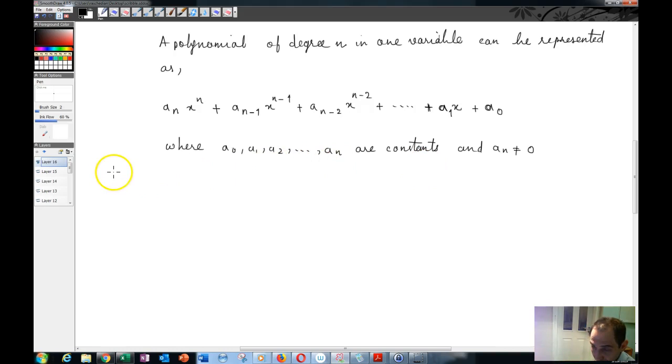In particular, if a_0 = a_1 = a_2 = a_3 = all the way up to a_n = 0, meaning that all the constants here are equal to 0, then we will get the 0 polynomial, which is denoted by 0.